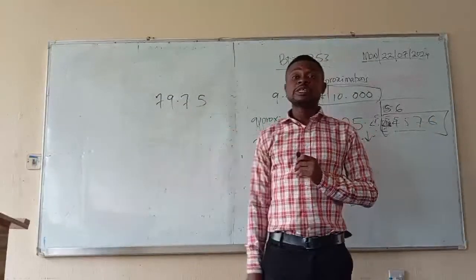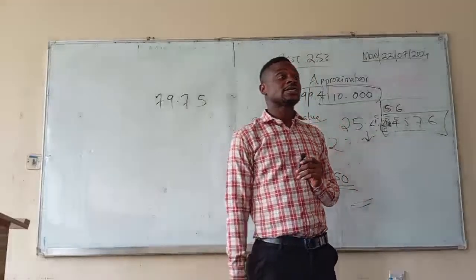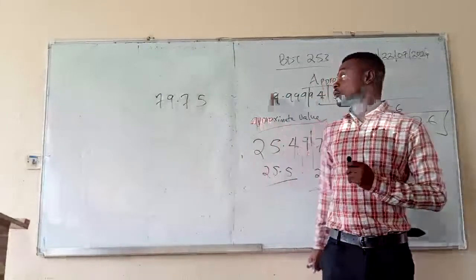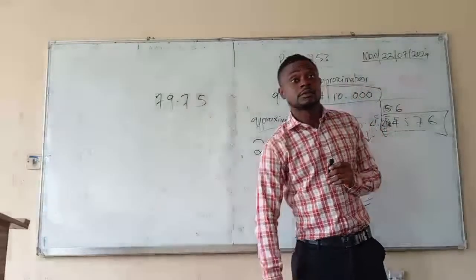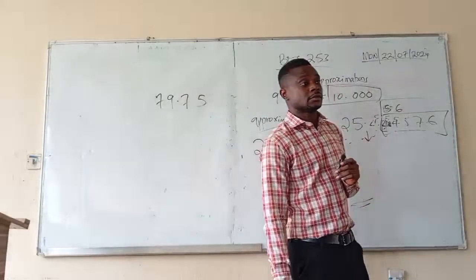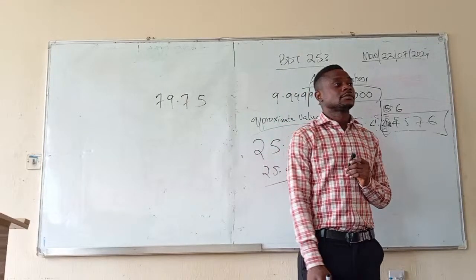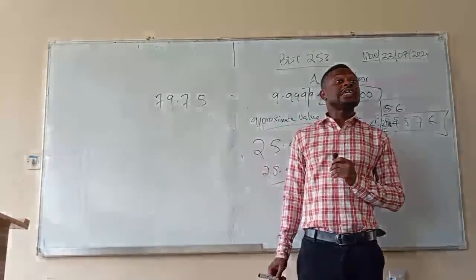How can we put this number to the nearest 100? 79.75, nearest 100.